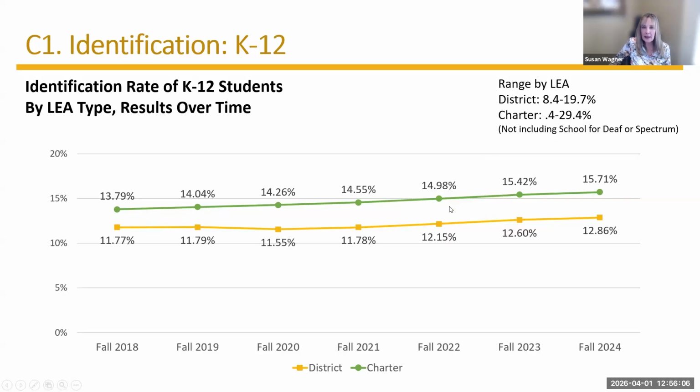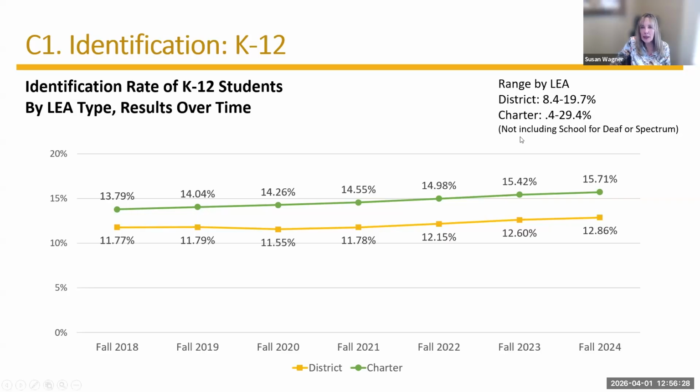Now, when you see this, you shouldn't automatically assume that the 29.4% LEA or 19.7% LEA are over-identifying, or that the 8.4 or 0.4 are under-identifying. It could be that given the population, that's exactly the identification rate that should be happening.